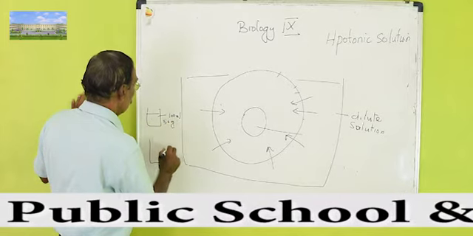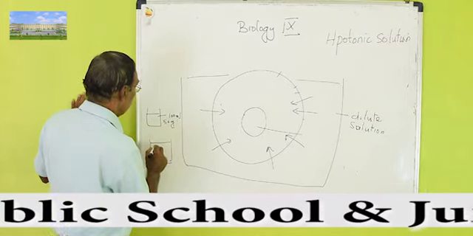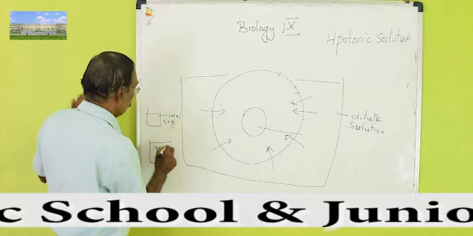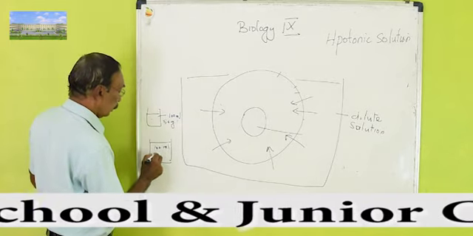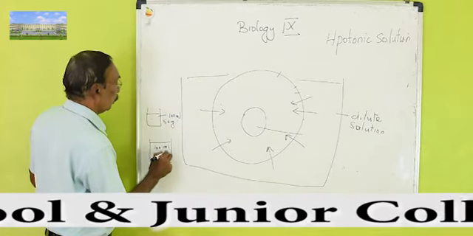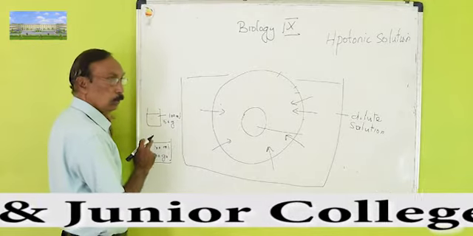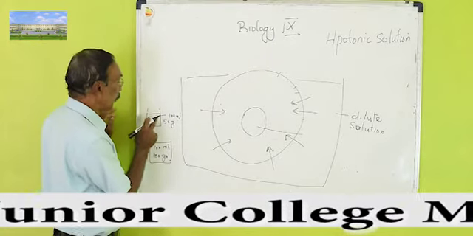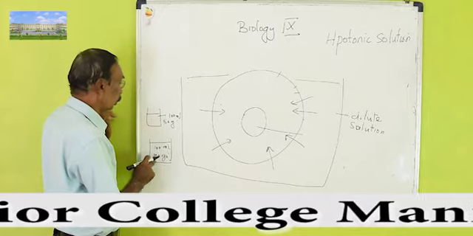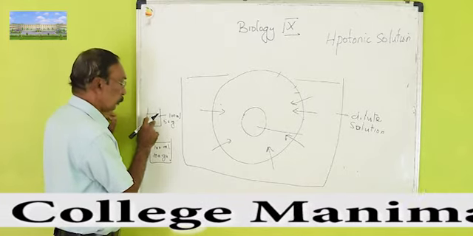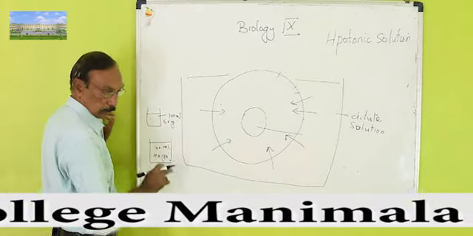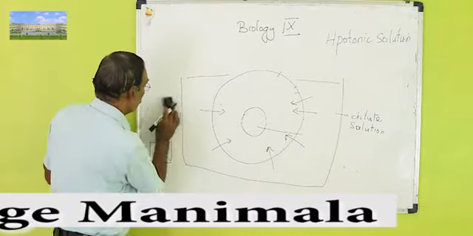Then for another solution, you take 100 ml of water and put in 100 gram of sugar. Here you can see this one has less sugar, this one has more sugar. This is less concentrated, this is more concentrated. Same is the case here.